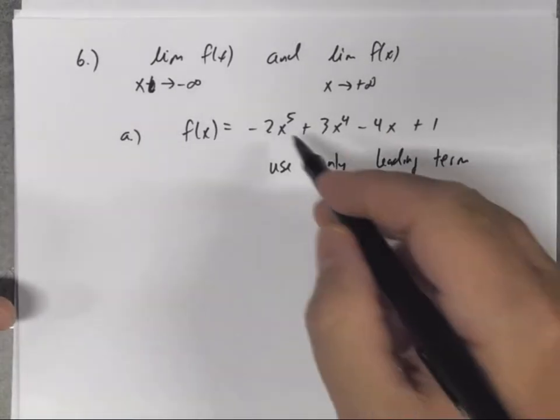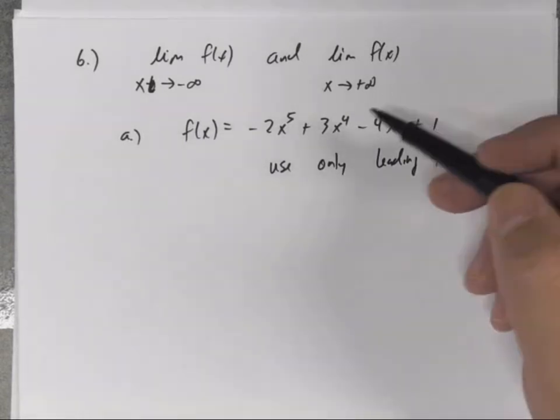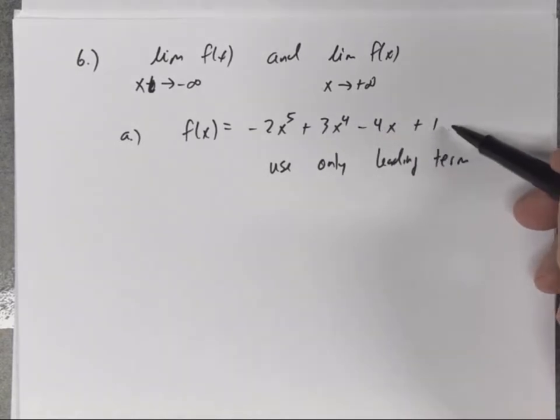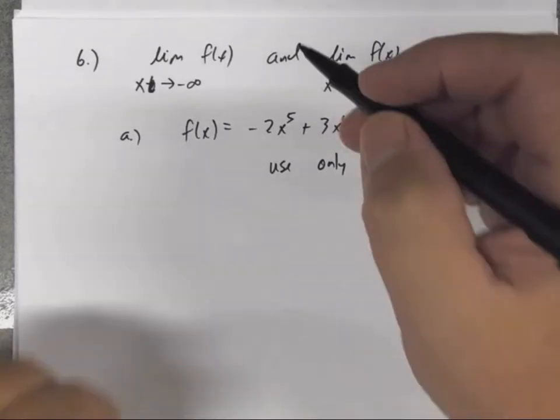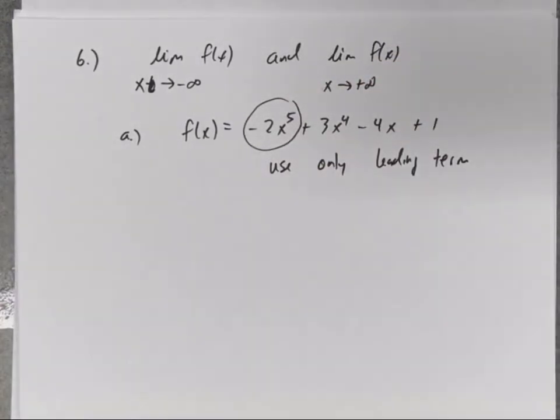The leading term is going to be whichever term has the largest exponent on your variable. Normally these problems are written in descending powers, x to the 5th, x to the 4th, x, and then no variable at all. The leading term is the one with the largest exponent on the variable.